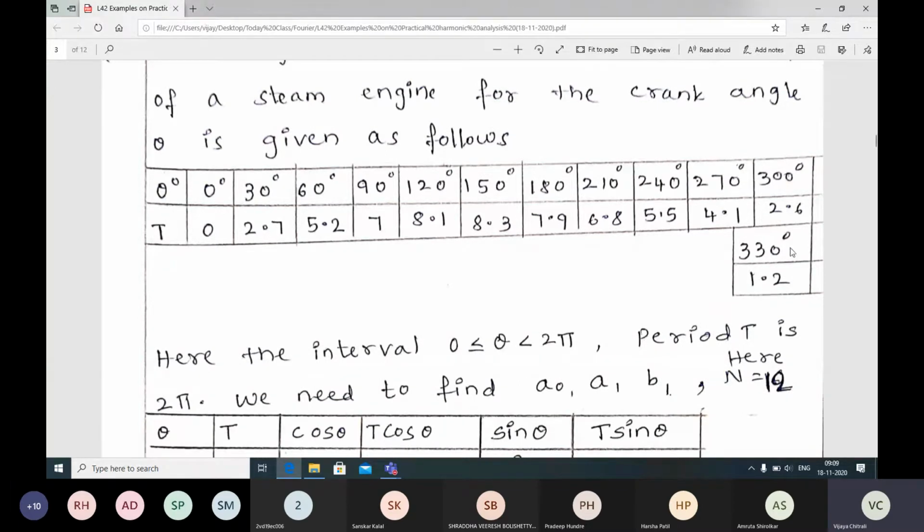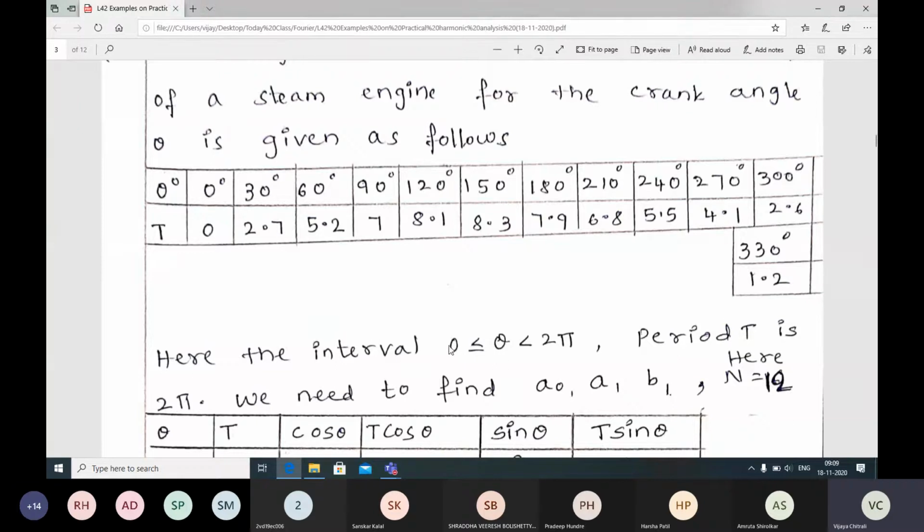Why less than 2 pi? Because the starting point is 0 and the ending point is 330, and it is less than 2 pi. 2 pi means 360, so we have 330 as the ending point.